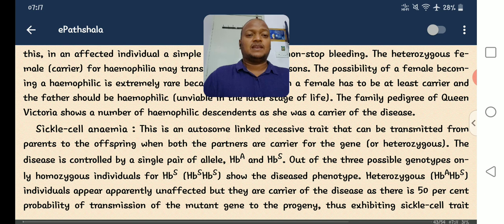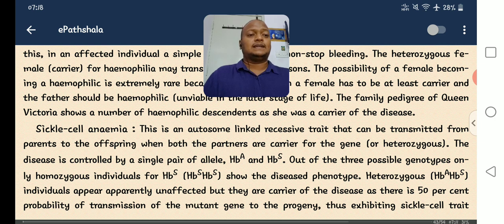Heterozygous individuals appear apparently unaffected, but they are carriers of the disease, as there is 50% probability of transmission of the mutant gene to the progeny. So there is a 50% transmission of the gene. Suppose there are 4 members, then 2 members are going to be carriers. This is in the case where both parents are in the heterozygous condition only.